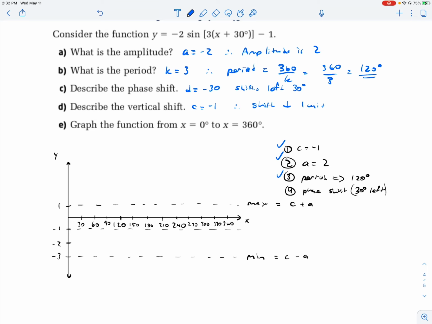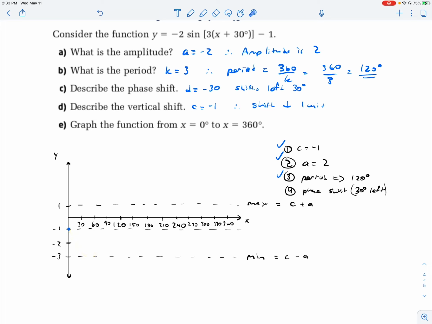So we'll start by, remember, sine always begins at the middle line and then goes up, okay? However, this says -2, right? So when a is negative, remember the graph reflects along the x-axis? So that means instead of my sine graph starting from the middle and going up, it has to start at the middle and go down.